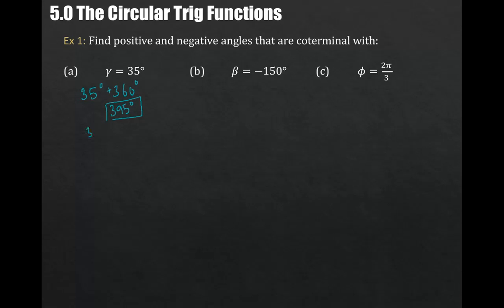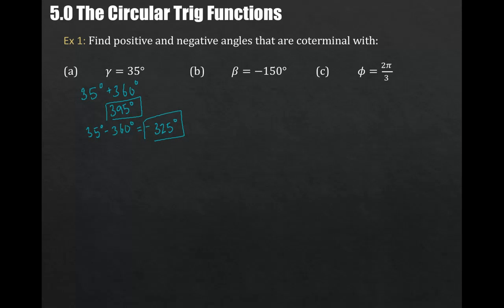I could do 35 minus 360, and that's going to give me negative 325. I hope my math is right. So I have a positive and a negative. I can keep going with that, but that's right away what I would get.